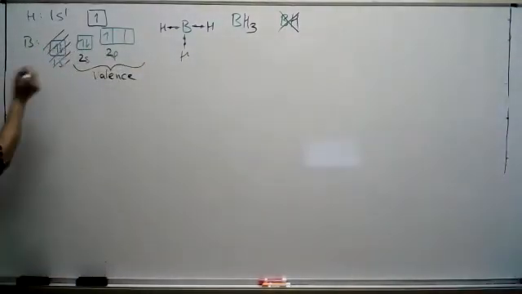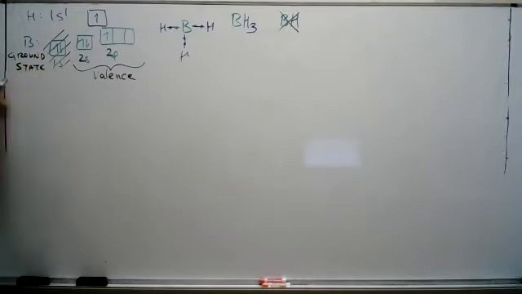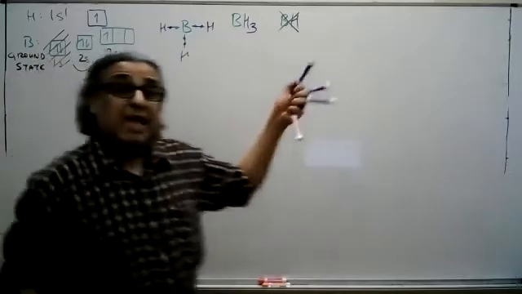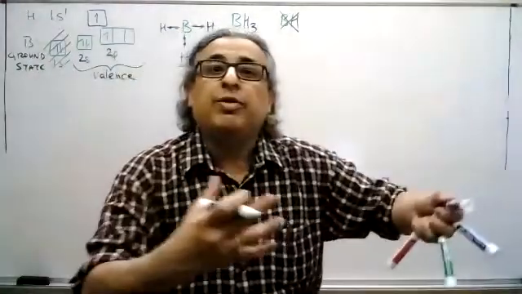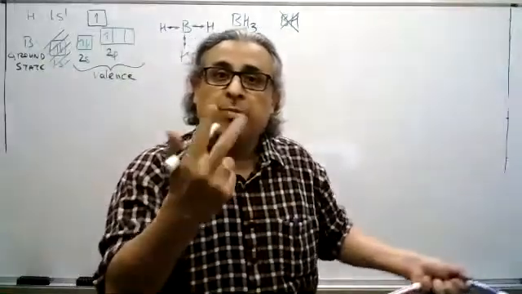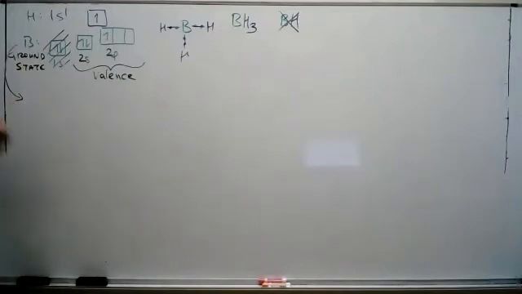So we say that this is the representation of boron in, I'm using smaller font. I'll tell you what I wrote, ground state. So when boron is actually in a molecule as contributing to the bond or bonds, 3 bonds with 3 hydrogens, we say that the boron goes to the excited state.